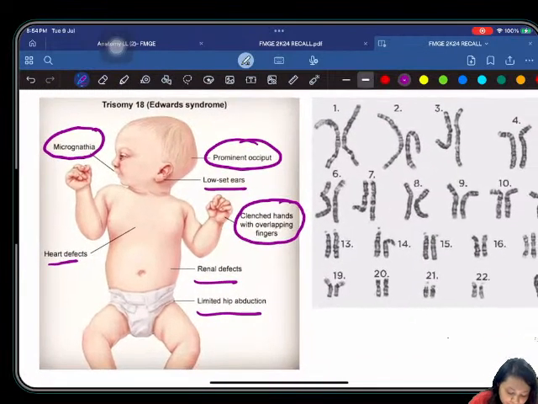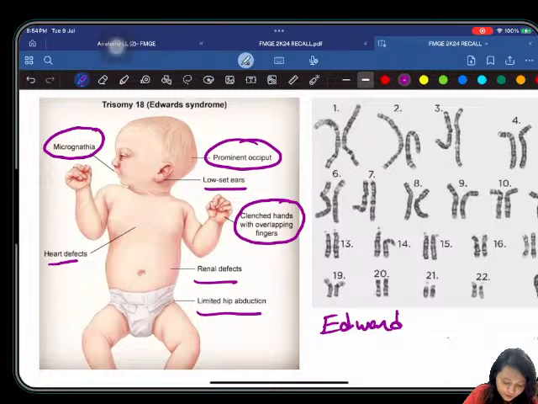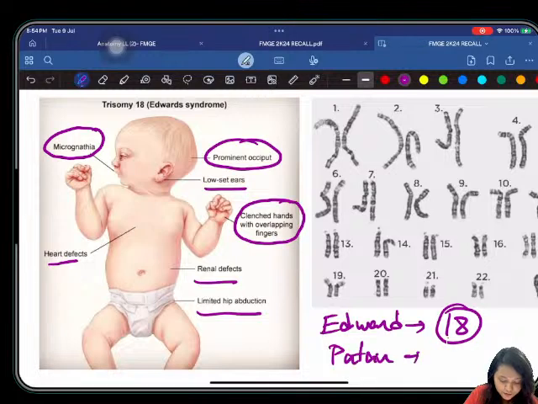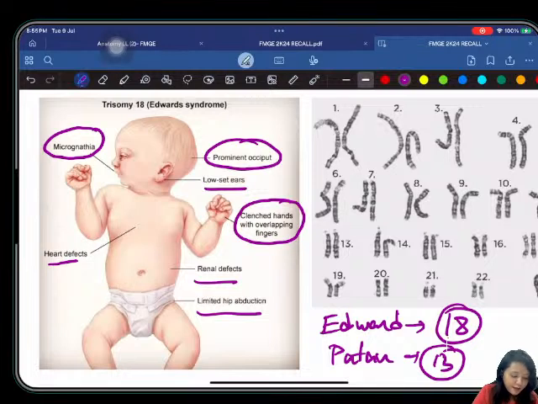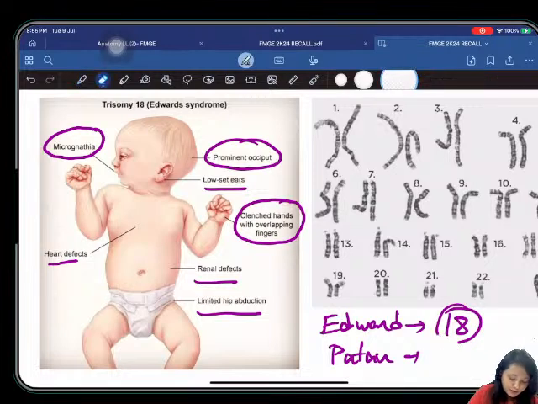You try to remember. Don't think that trisomy 8 is a different way, but among Edward and Patau, Edward is 18, and Patau is 13.